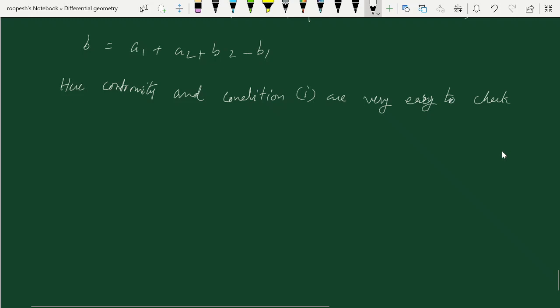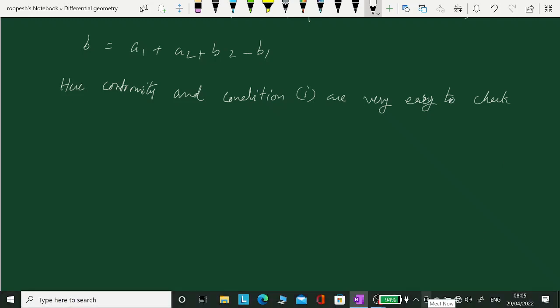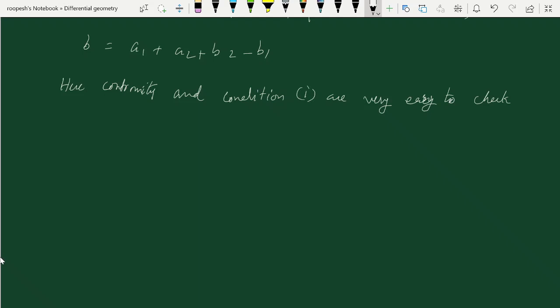You can easily check. Next thing is that we want to check the second condition.